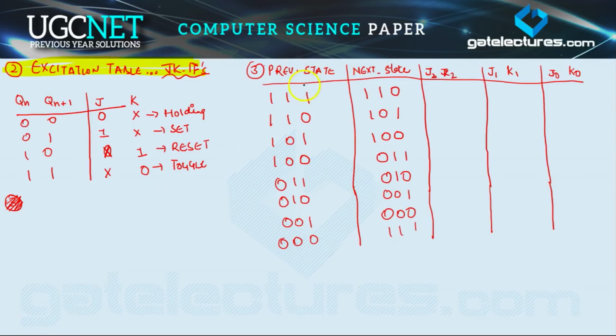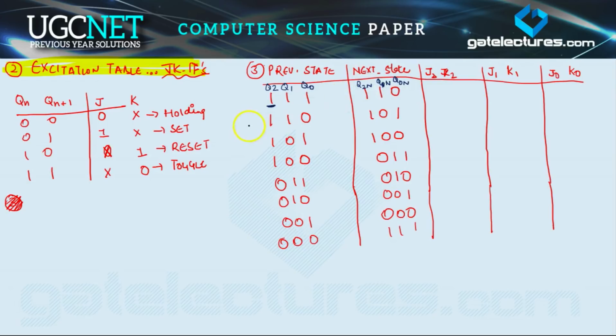Now just write it down here. This is your Q0, Q1 and this is your Q2. So what are the values of J2 and K2? Now, the previous state is 1, and here also this is Q0n, Q1n and this is Q2n.